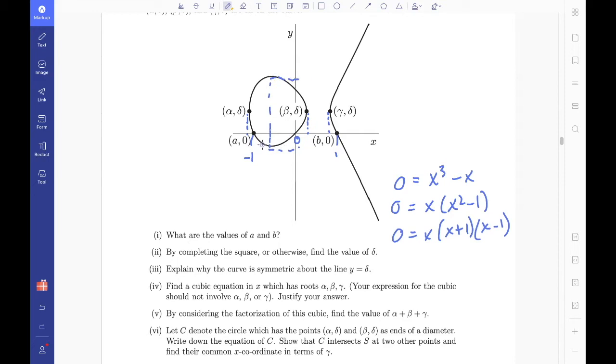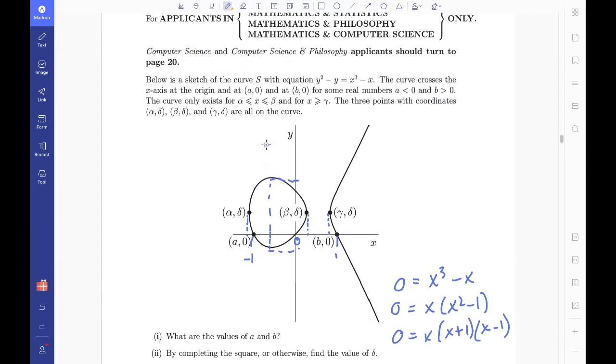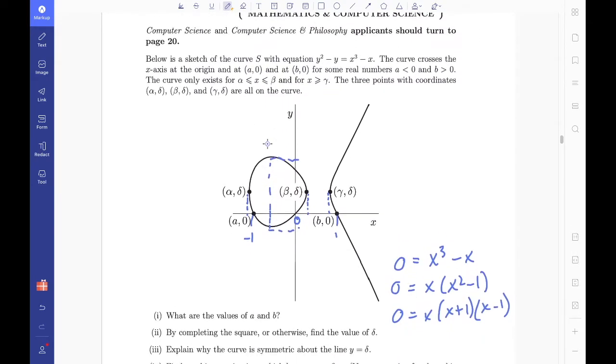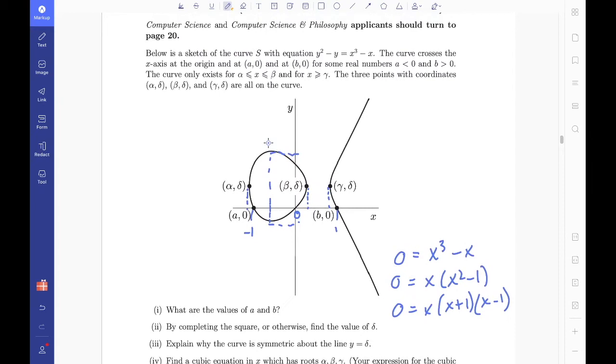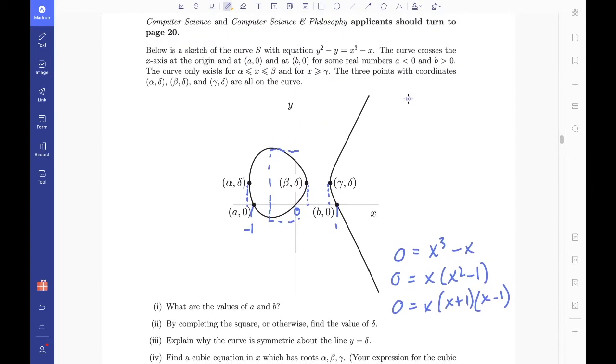Okay, so I think when it says complete the square, we're completing the square for y here, which I know is unusual, but it's fine. If we do that, we get y minus 1/2 squared. That will give us y squared minus y, but it will also give us a plus 1/4, which we don't want.